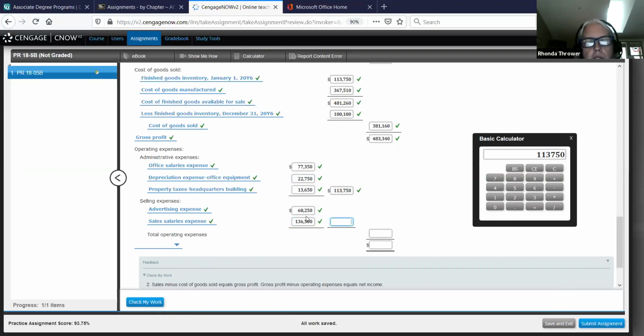Then you're going to combine your selling expenses to get the total of the selling expenses. And then you're going to combine the total of the administrative expenses and the total of the selling expenses together, and that would give you the total operating expenses.